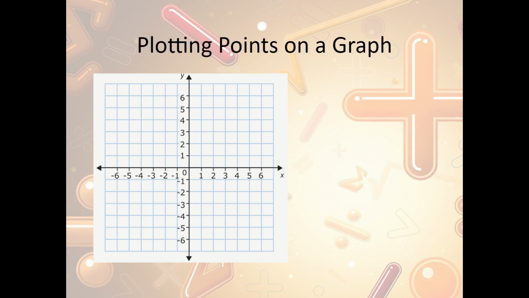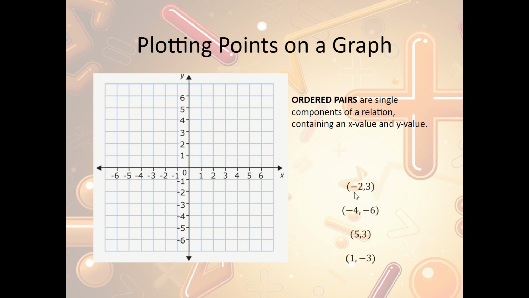Now, how do we plot points on the graph? First of all, we're given ordered pairs. Ordered pairs are single components of a relation containing an x value and a y value. So what that means is we're given an x and a y. For instance, this is an ordered pair: (-2, 3).